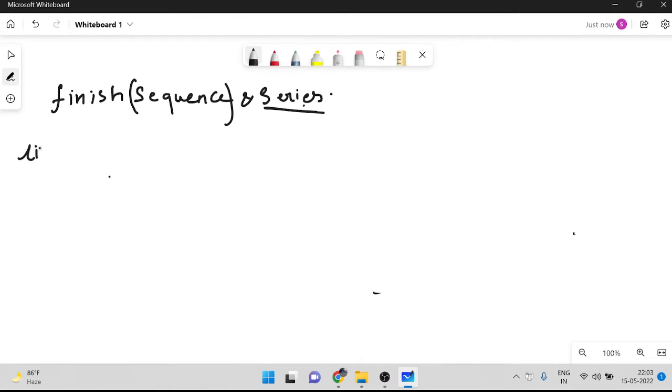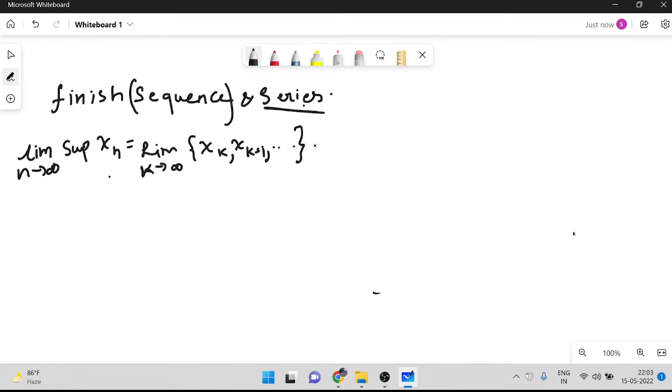One definition is called limit n tends to infinity, lim-sup of xn, which is basically limit k tends to infinity of the sequence xk plus 1 and so on till infinity, which again I have defined as infimum of k of supremum of xn.